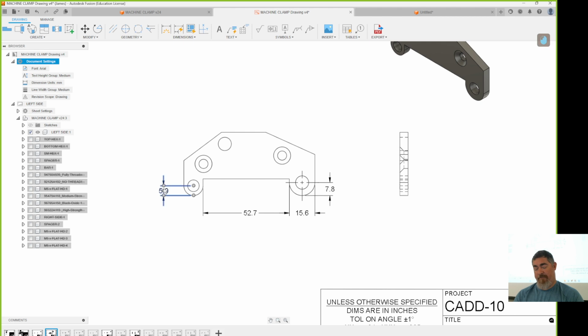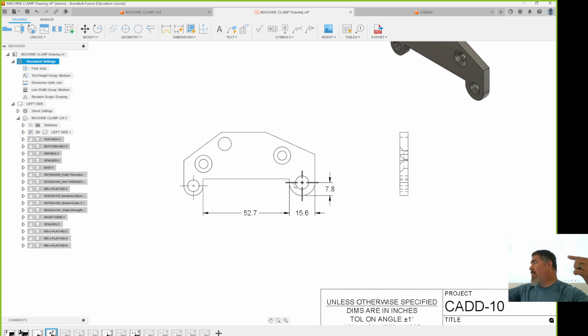I don't need this one because that's already taken care of. If I make the center mark there, going out past it, tying it together, and so you want to extend out past it a little bit more. But now that ties those together.